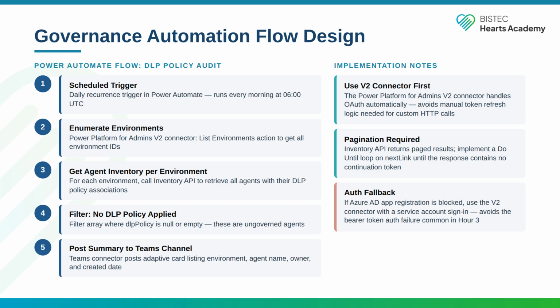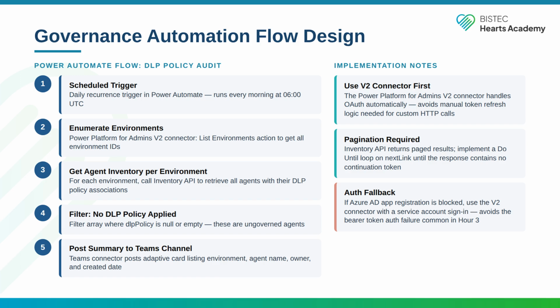Second, the Inventory API returns paged results. Without pagination logic, the flow reads only the first page of results and silently misses every agent beyond the page boundary. Implement a do until loop that continues iterating on the next link property in the response until no continuation token is returned.